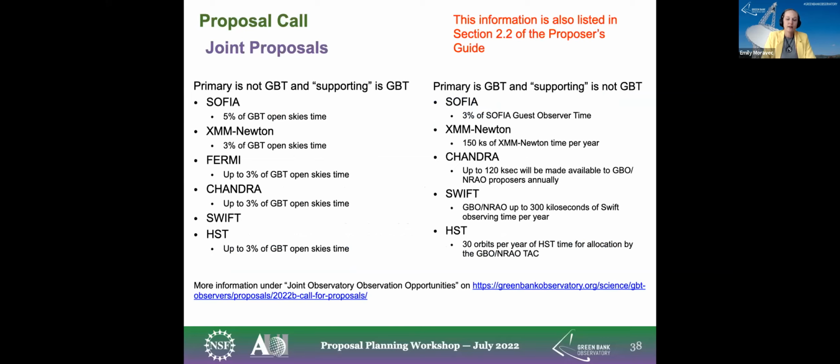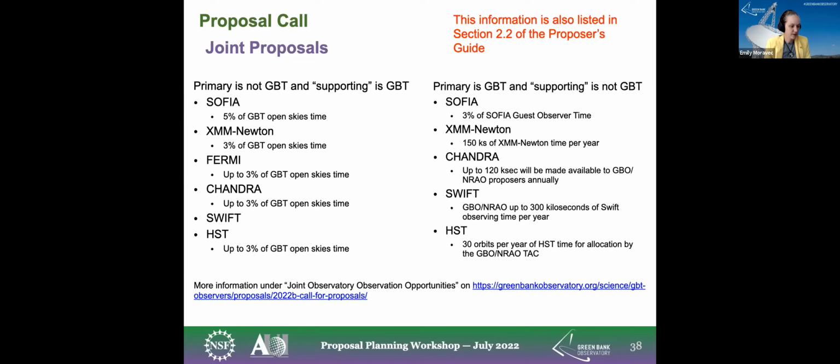We also have the opportunity to do joint proposals with various sets of instruments. So it's possible to submit to another telescope as the primary telescope you're asking for time, and then ask for supporting GBT time. That's what's on the left-hand column. So you're submitting a proposal to that other telescope, and then you can ask for GBT time as a complementary request.